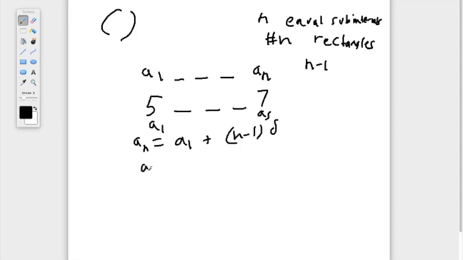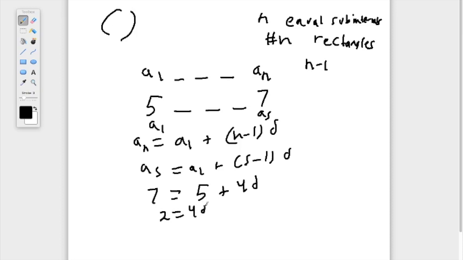So a of 5 equals a of 1 plus 5 minus 1 times d. a of 1 is 5, plus 4d, and a of 5 is 7, so we just have to solve for d. This is 2 equals 4d, and you get d equals 1/2. So we just keep adding 1/2 until we get to 7: 5.5, then 6, and then 6.5.